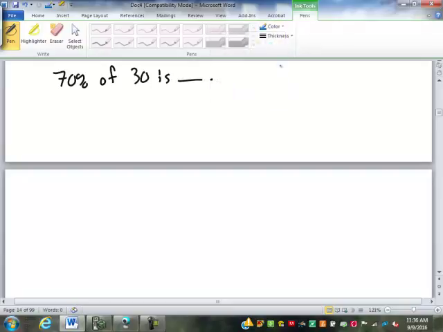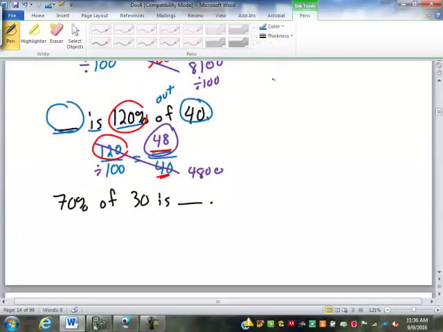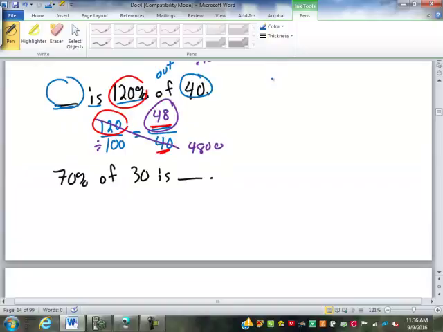Looking at this one, again, worded, set up very differently than the previous one. We still have the percent, so I'm going to start with 70%, do 70 over 100.